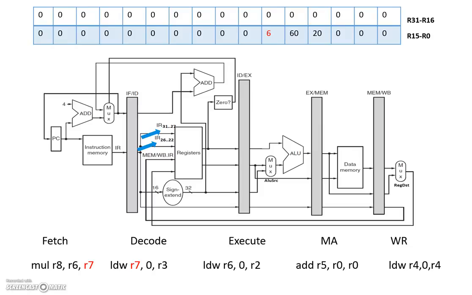Now at this stage, because of write back of LDW R4, R0, R4, value 6 is stored in the register file, and the new instruction mul R8, R6, R7 is accepted.